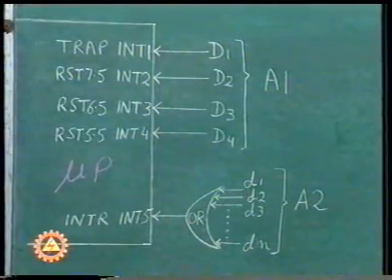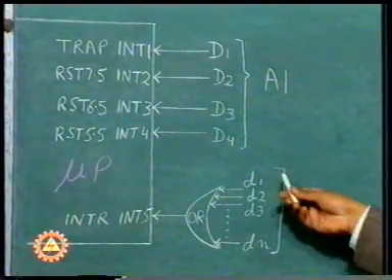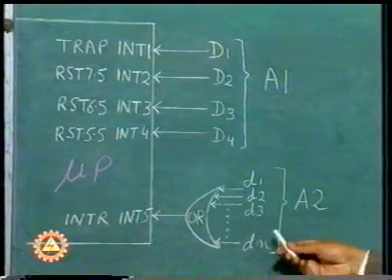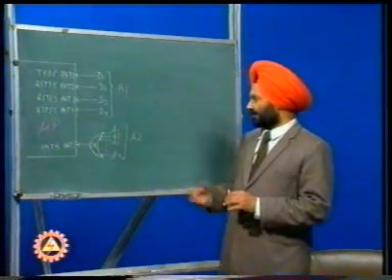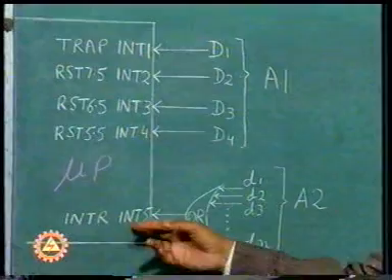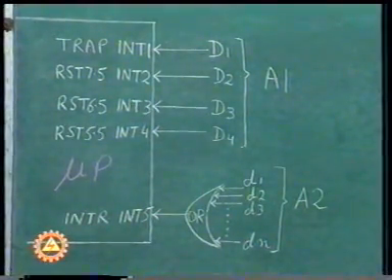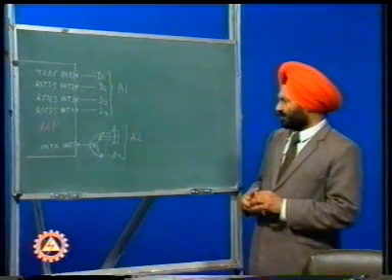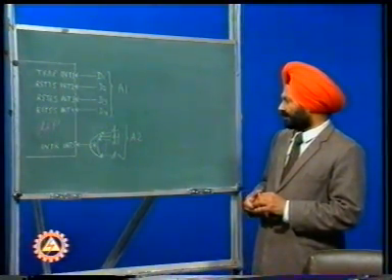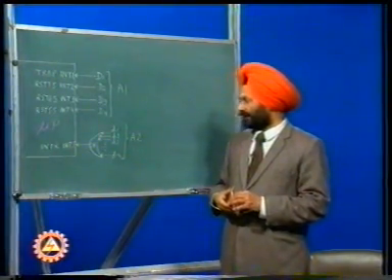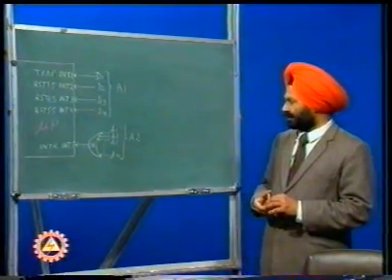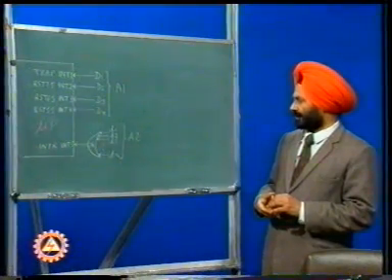In this case, several devices like D1, D2, D3 up to say Dn can interrupt the microprocessor through such a general purpose interrupt int5. Now, in that case, the microprocessor has to poll for identification of the devices that are interrupting and finally to select the device to be serviced through the external hardware.